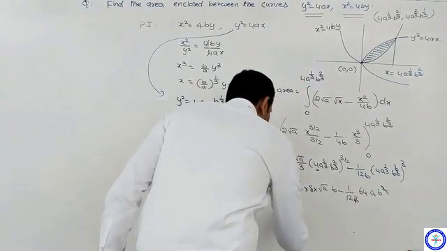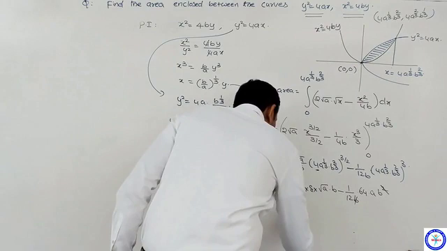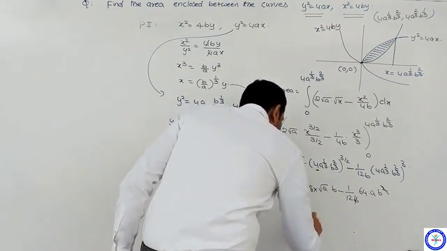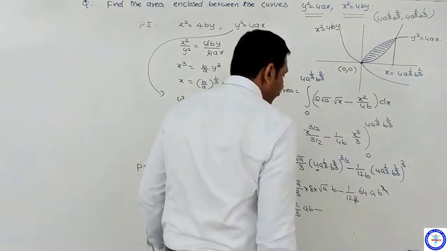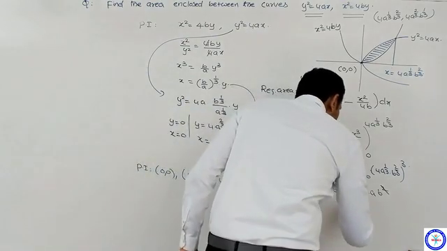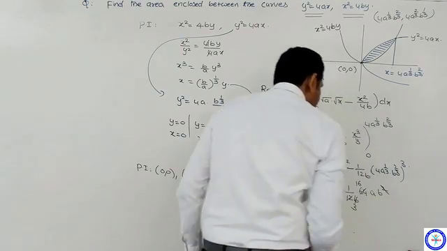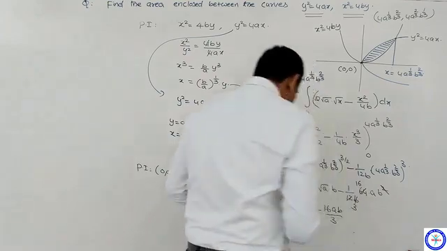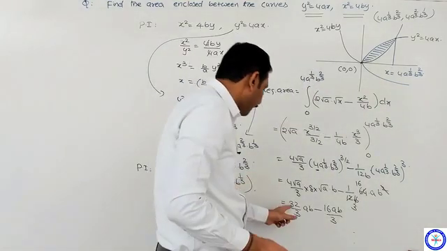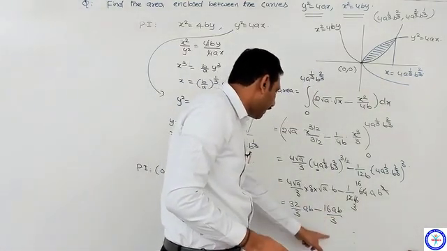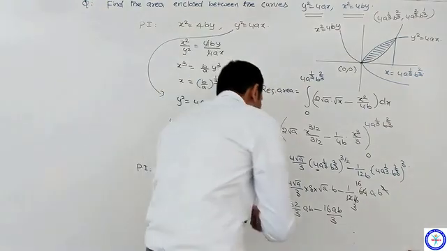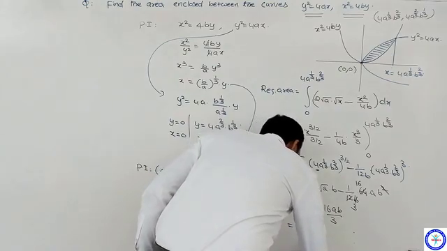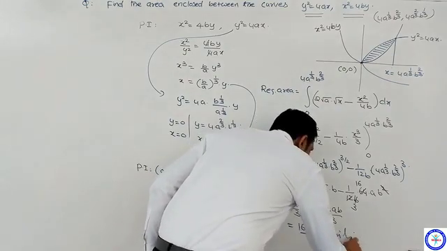Let me simplify this: 4 into 8, 32 by 3, root a into root a into b, it is ab, minus 64 by 12, 16 by 3, so minus 16ab by 3. Now it is 32ab by 3 minus 16ab by 3, which is equal to 16ab by 3 square units will be the answer.